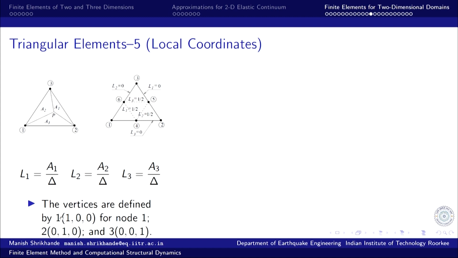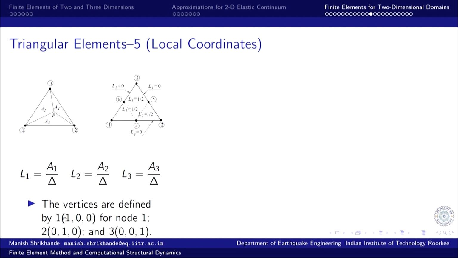If point P coincides with vertex 1, the entire area is A1. So, L1 is going to be 1, L2 is going to be 0 because A2 is 0, and A3 is 0.